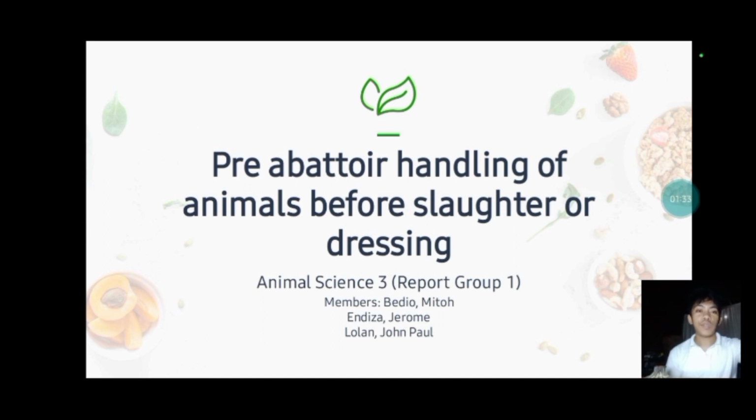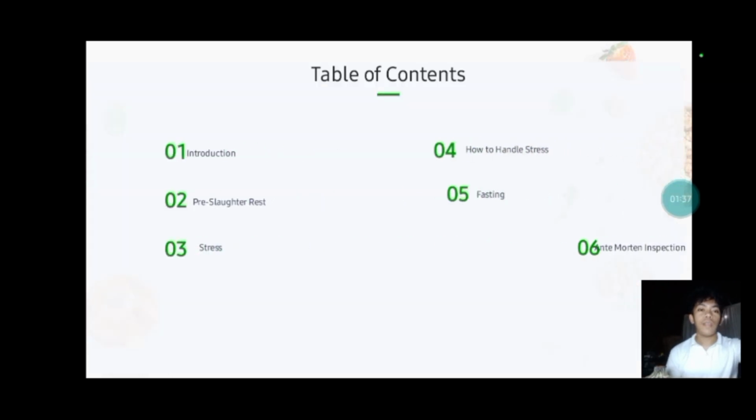During this discussion, the following contents are expected: first is introduction, pre-slaughter rest, stress, how to handle stress, fasting, ante-mortem inspection, and we will be talking about a case analysis study and a research market about the pre-abattoir handling of animals before slaughter.